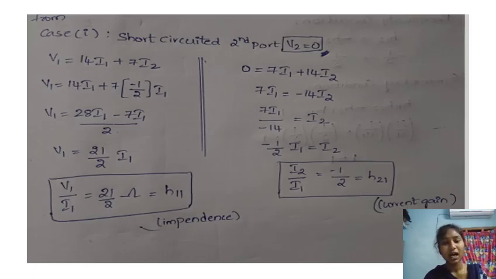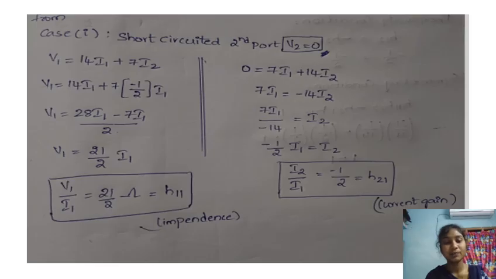As I2 is equal to minus 1 by 2 I1, we substitute in equation 1. V1 is equal to 14I1 plus 7 into minus 1 by 2 into I1. Next, for V1 we take 2 as common: 2 into 14 is 28I1 minus 7I1 by 2.